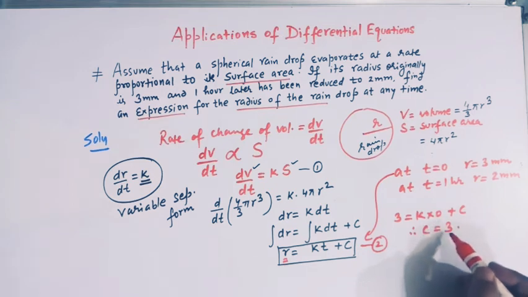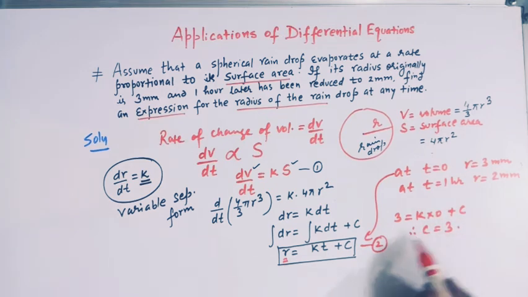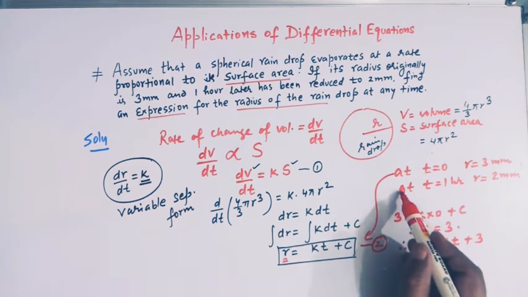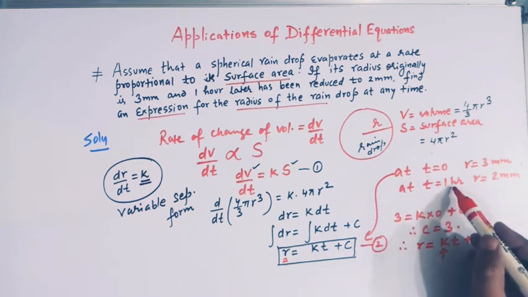Substituting the value of c here, we get r is equal to kt plus 3. Now we have to evaluate the constant k by using the other condition.